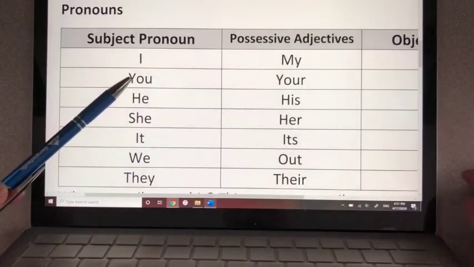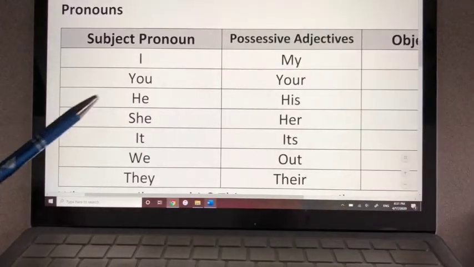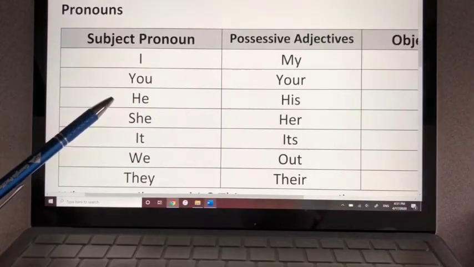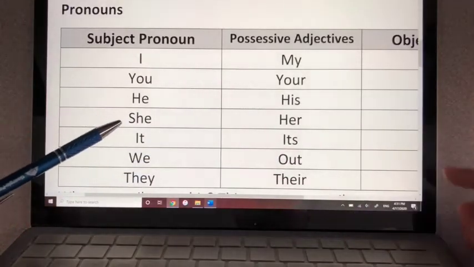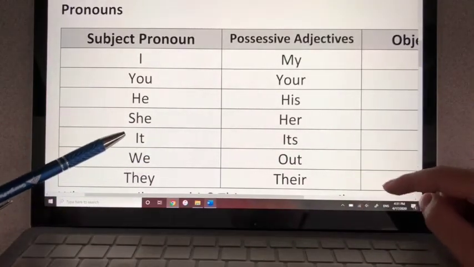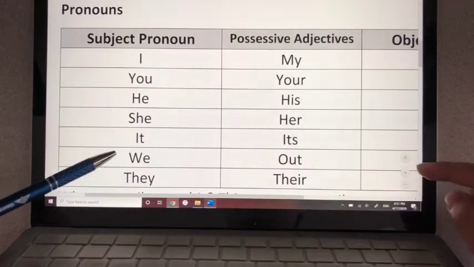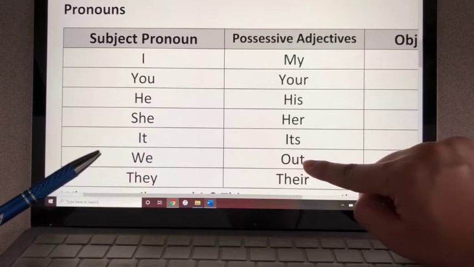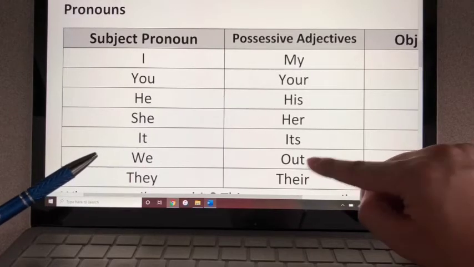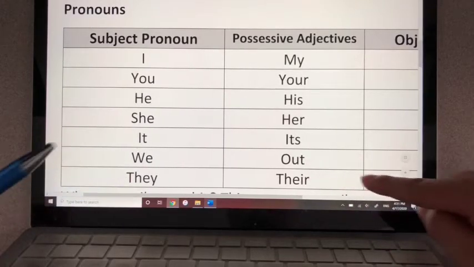You have a pen. This is your pen. He has a pen. This is his pen. She, her. It, its. We, our. That's O-U-R. I wrote this wrong. It's O-U-R. They have a pen. Their pen.